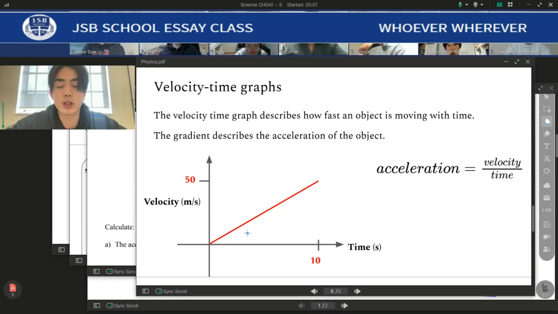So what's happening to the object? Can you describe what's happening to the object? Ian, what do you think is happening to the object? What's the object doing? Moving. It's moving, right? But is it moving at a constant speed or velocity, or is it getting faster, slower? What do you think? Slowly.